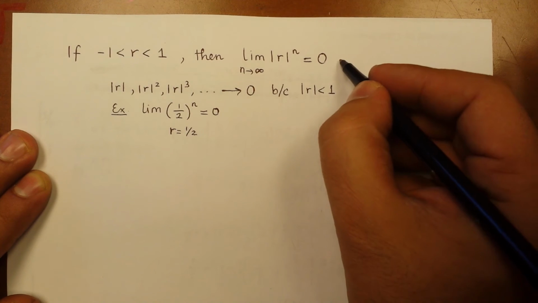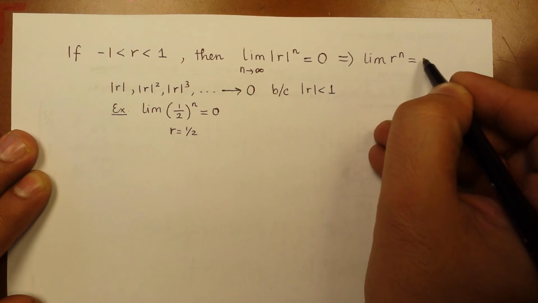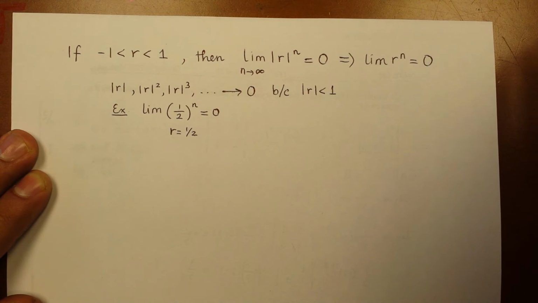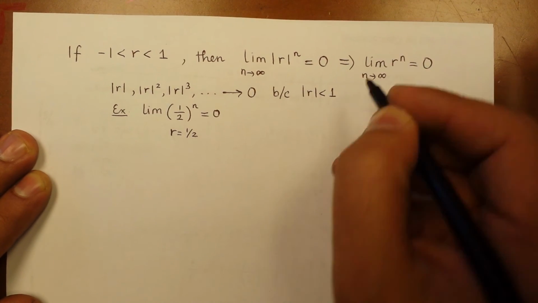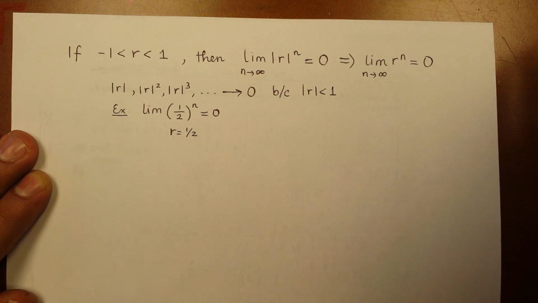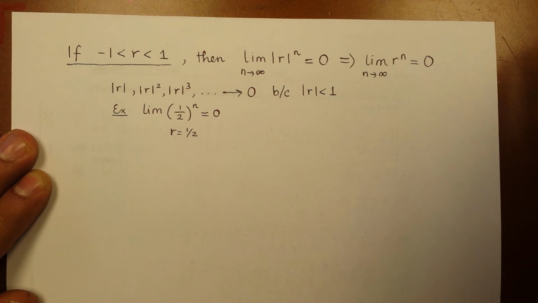So that implies that the limit of r to the n must be 0, by using the fact, as n goes to infinity. So we know if r is between -1 and 1, then this limit is convergent, and it converges to 0.